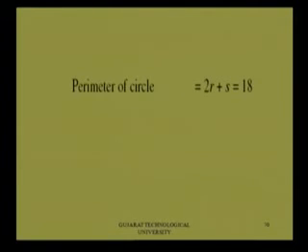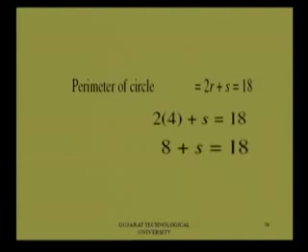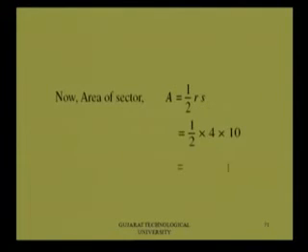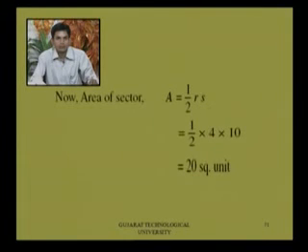And perimeter of sector 18 is given, and the formula is 2r plus s. We have obtained value of radius r, that we can replace here. So we will get arc length s, 10 units, and using the formula 1 by 2 r into s to find area of sector, that will give you 20 square units.